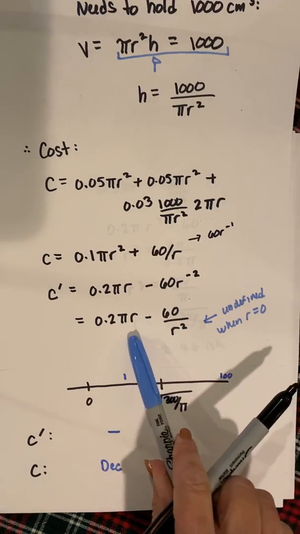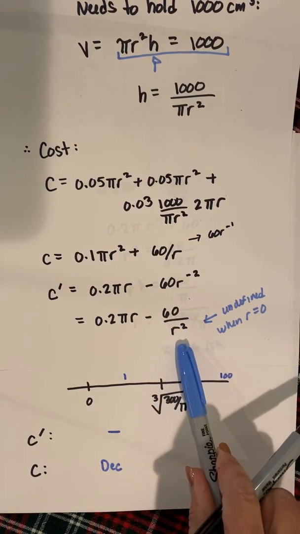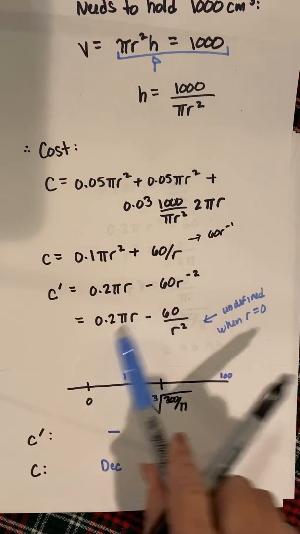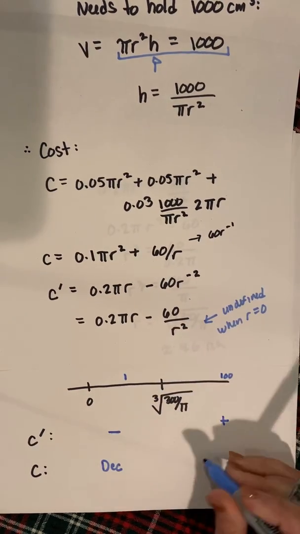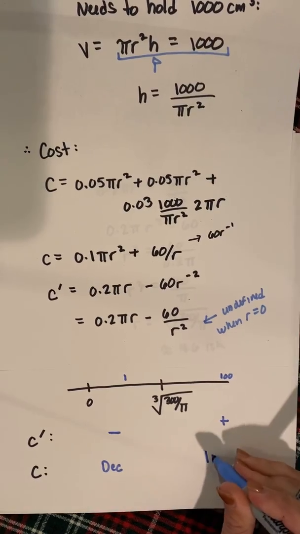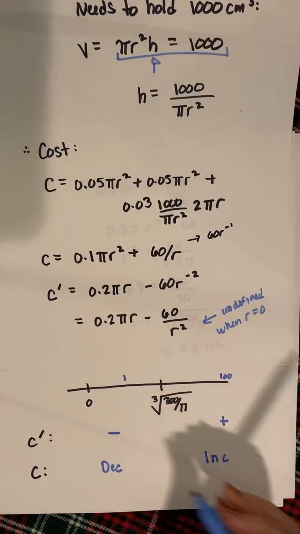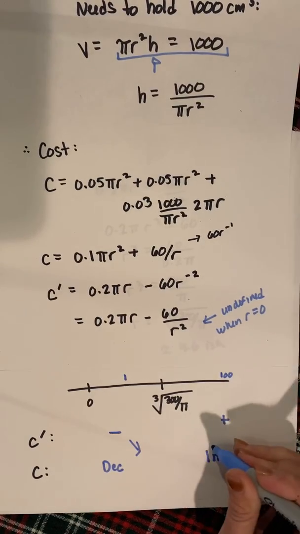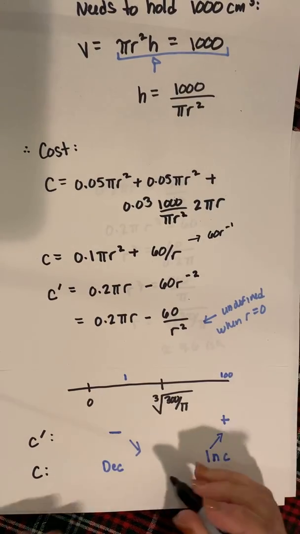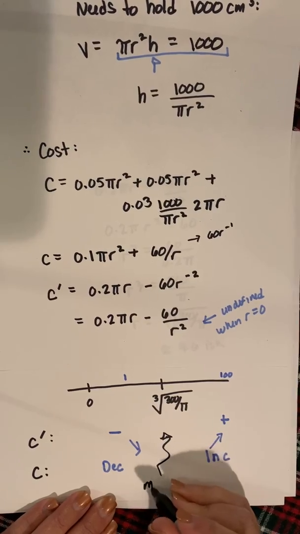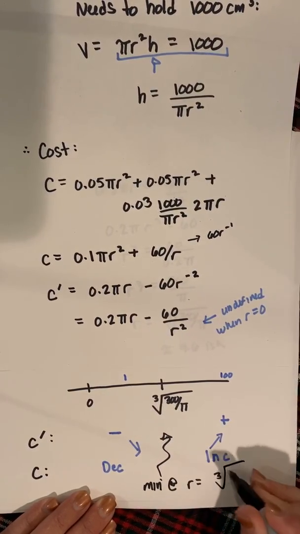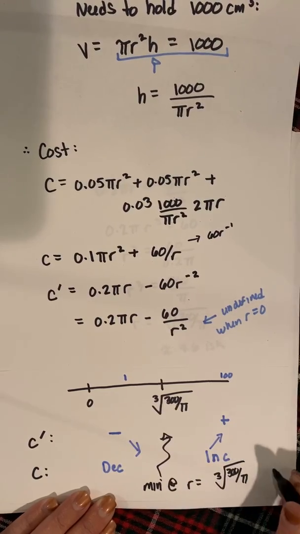If I put 100 in here, 60 over 100 is just 0.6, and this is going to be much bigger than that number. It's going to be positive, and you can pop that in your calculator to confirm. So the function decreases, hits the cube root of 300 over pi, then it starts increasing, so that confirms that we have a minimum cost at a radius of the cube root of 300 over pi.